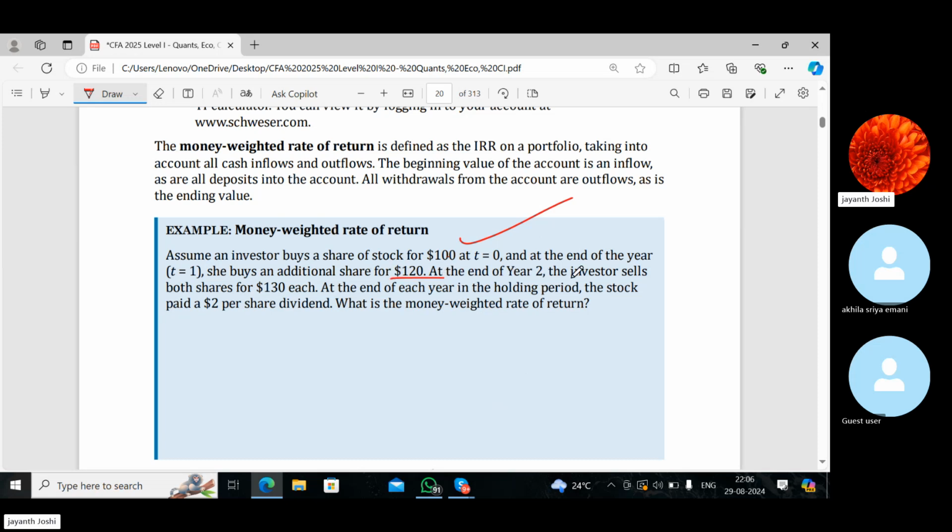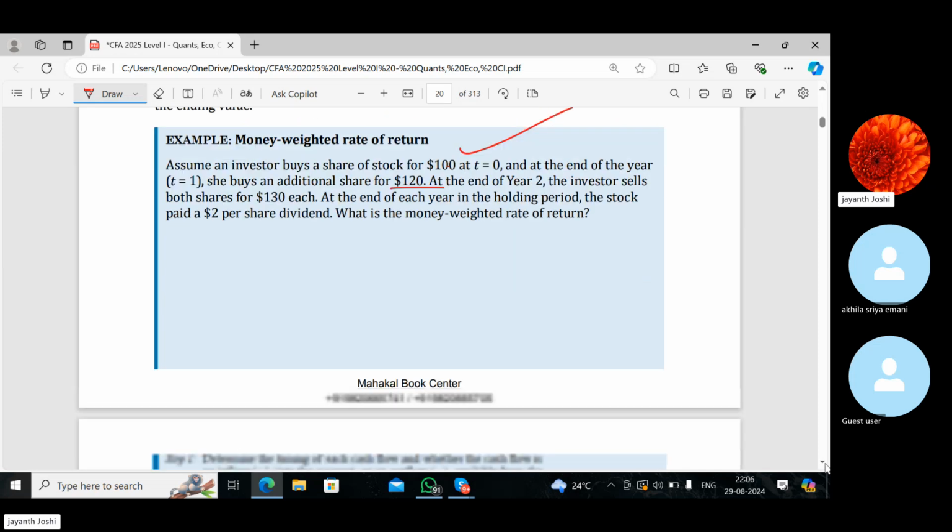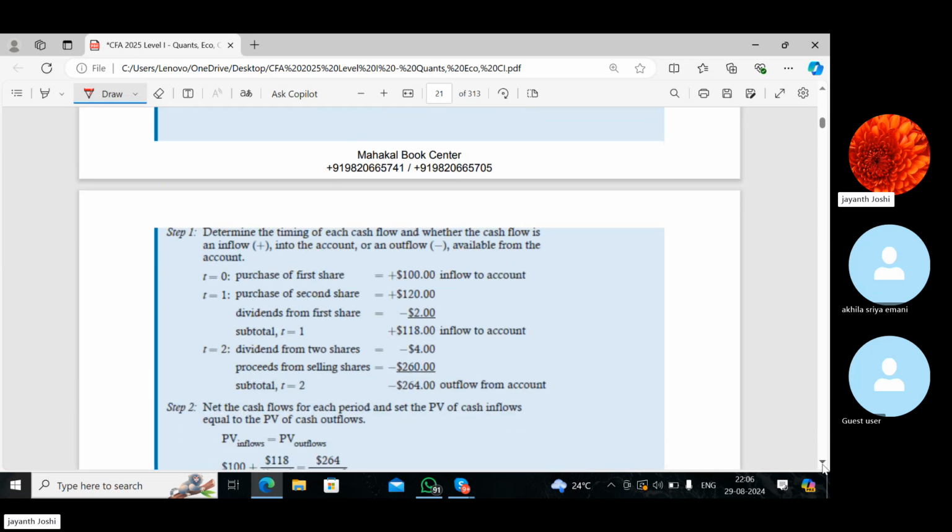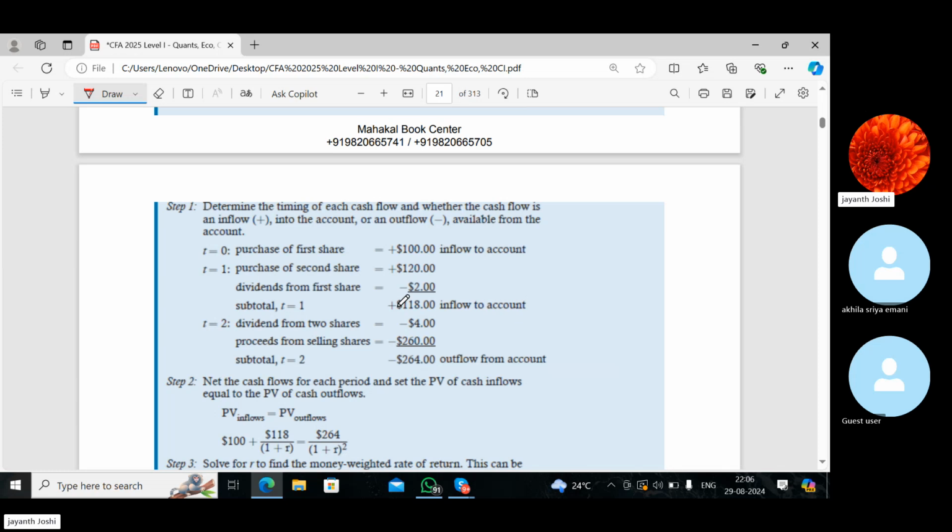At the end of the year, the investor sells both the stocks. So this is the purchase, this is the year end, that becomes 220. Then dividend.